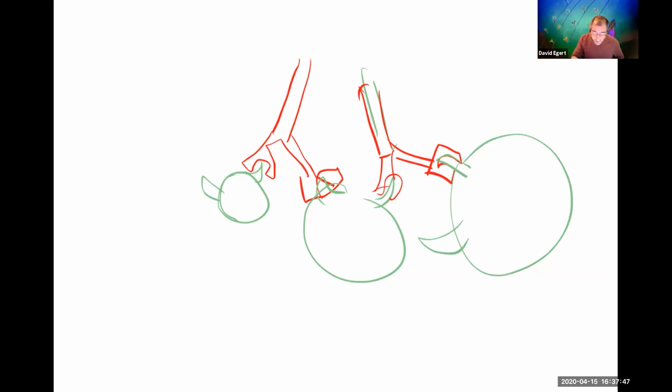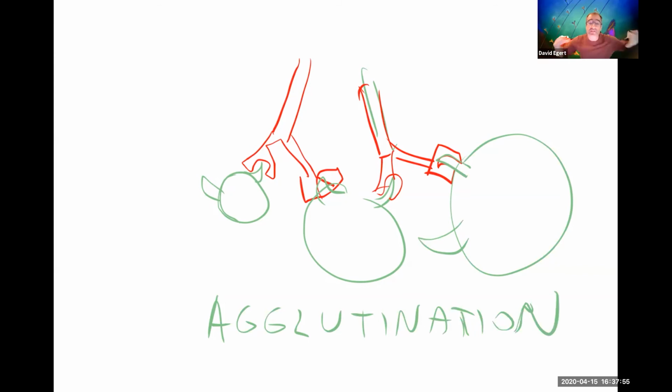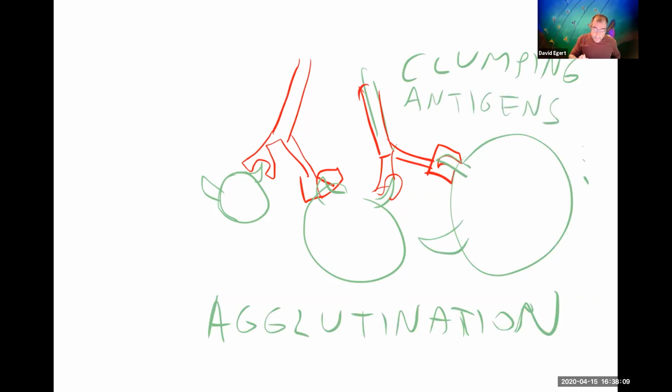So you start getting what's called agglutination. Basically, the antibodies start connecting all the antigens together and clumping them all up. Right, so these are my little antibodies.